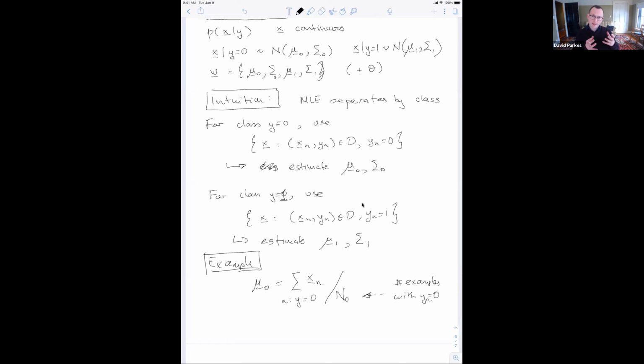For the mean of the Gaussian component corresponding to class 0, you just take the average of all of the vectors associated with class 0 and divide by the number of examples in that class. That's the MLE estimator that you get by setting the partial derivative to 0 and solving.